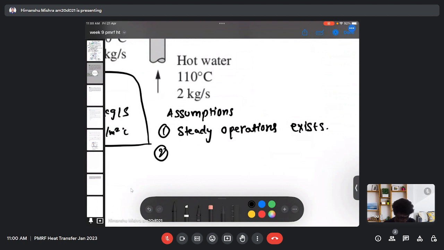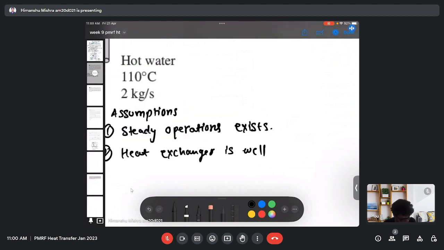And my heat exchanger is well insulated, so there will be no heat transfer from inside the heat exchanger to the outside surroundings.